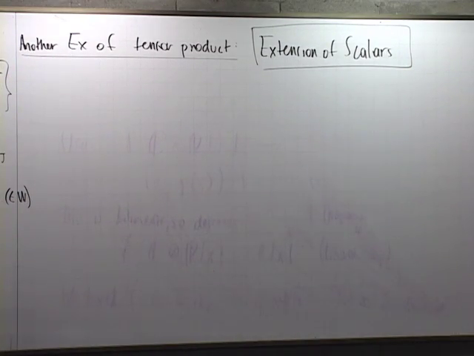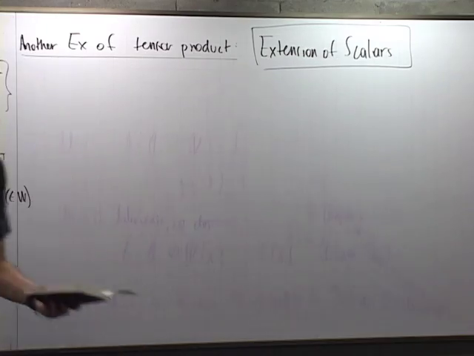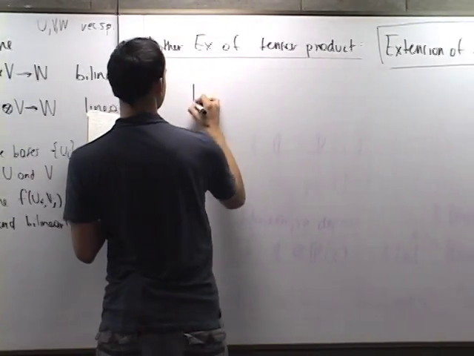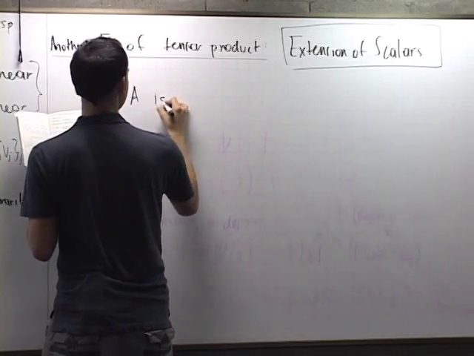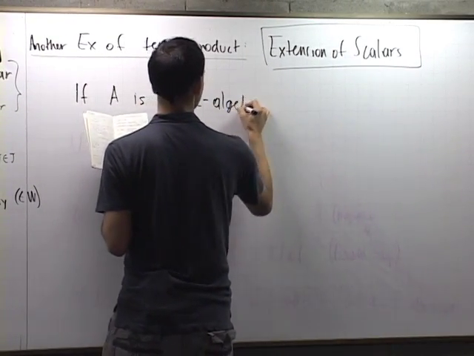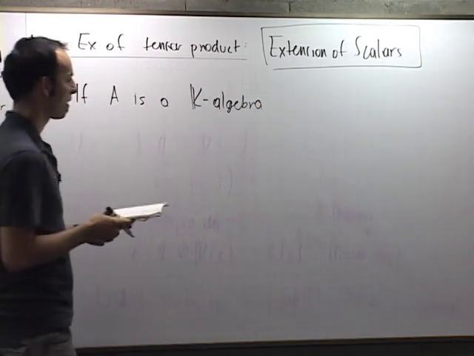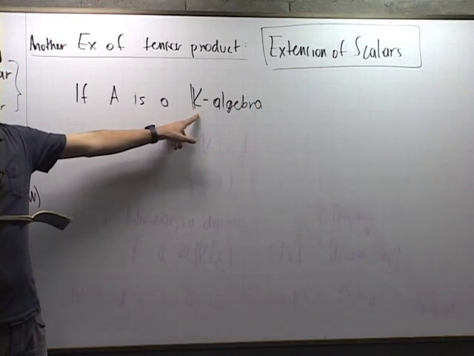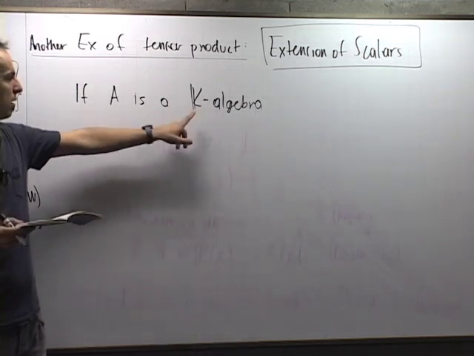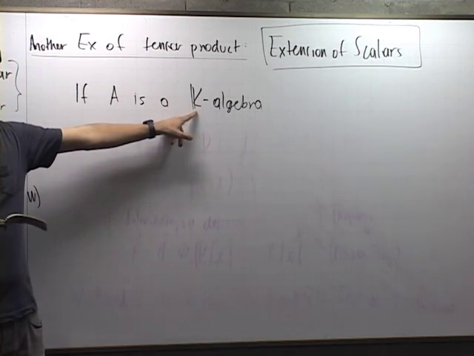What is extension of scalars? What you do is let's say that you have an algebra over a field K. If A is a K algebra, and one good example is an R algebra, for example, the polynomial ring over the reals.